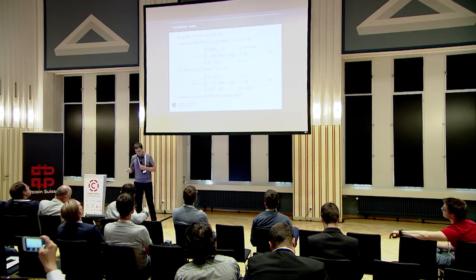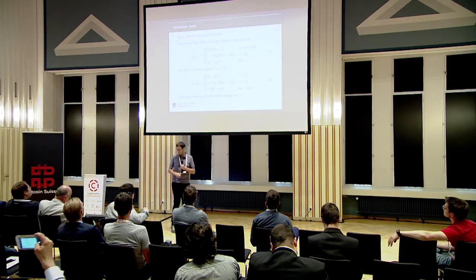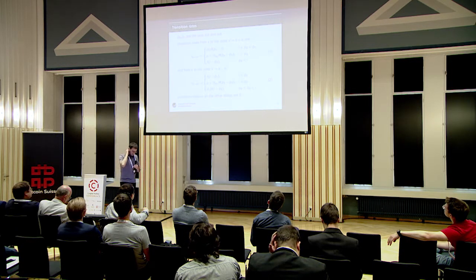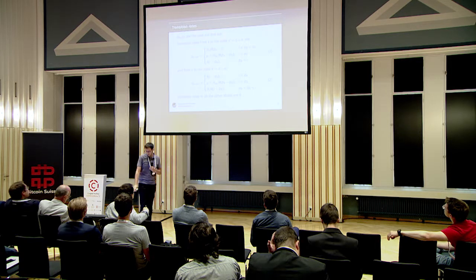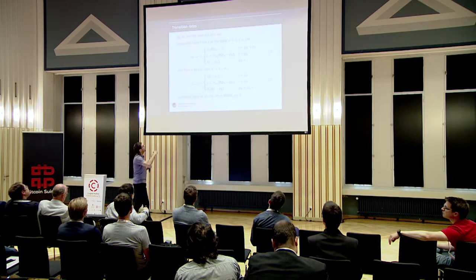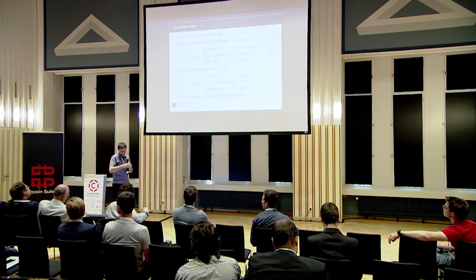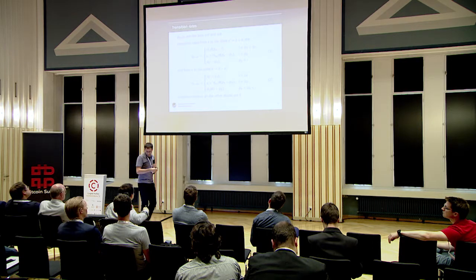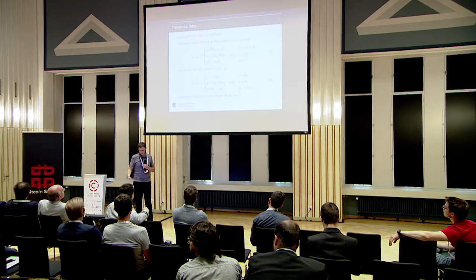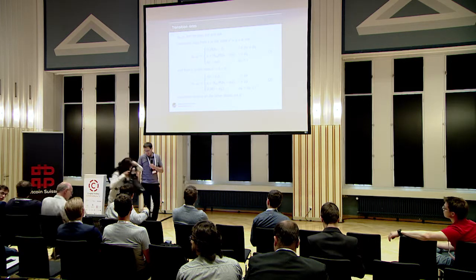So this is in formulas how these intensities look. It's actually quite intuitive, so I'll just explain the first part. How do you transition from state x to state x prime, where x prime is just x plus ei?